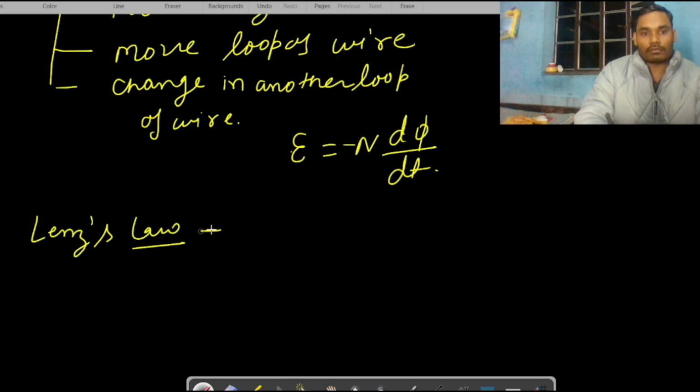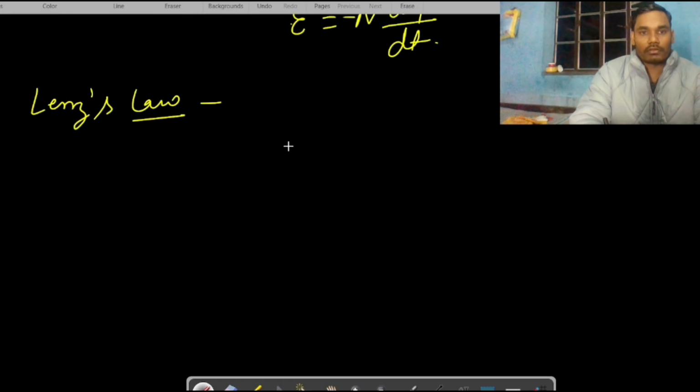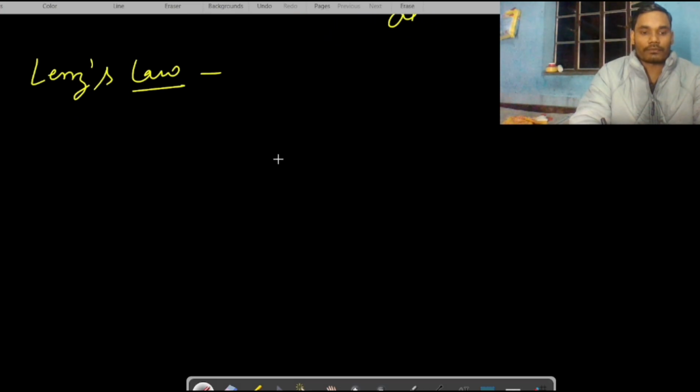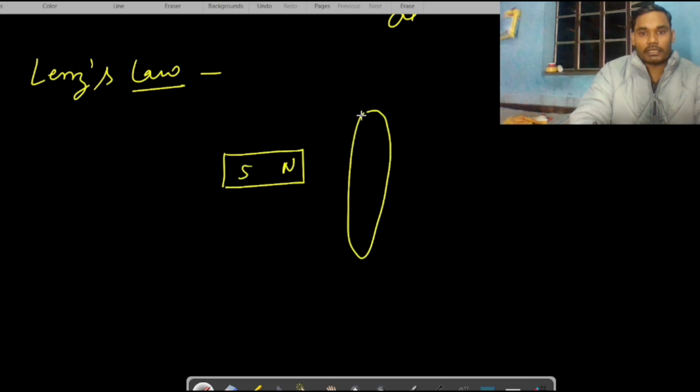What is this Lenz law? Here we understood that when we change magnetic flux, then there will be current in the wire. But what will be the direction of that current in the loop of wire? Let's see that. Here we have a loop of wire.